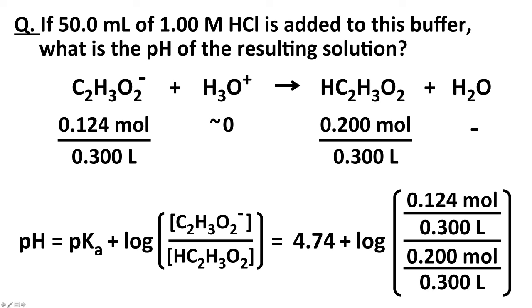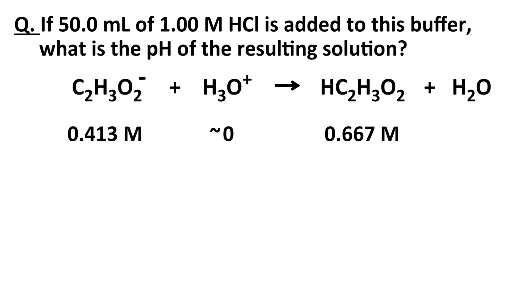And note, since both substances are in the same solution, the volume for each is going to be the same, and so the molarity ratio and the mole ratio actually ends up being the same thing when we're dealing with a buffer. That's not always going to be true for everything in the world, but for buffers, because they're in the same solution, that holds true.